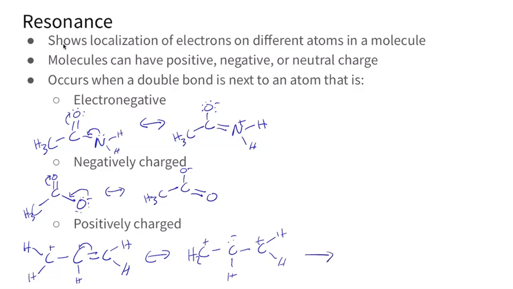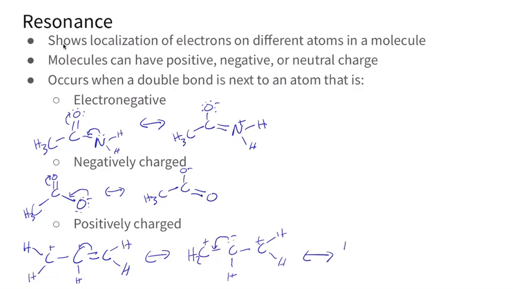Our last resonance structure is going to show the lone pair, or the extra negative charge on this carbon, being passed to the double bond right here between this carbon and this carbon.